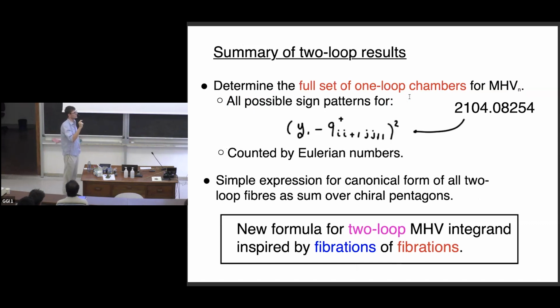And they found that the chambers there were counted by the Eulerian numbers, and they mapped the chambers of the M equals 2 amplituhedron to simplices in the hypersimplex. And it turns out we can have a one-to-one mapping between our chambers and theirs, if you're familiar with the hypersimplex.